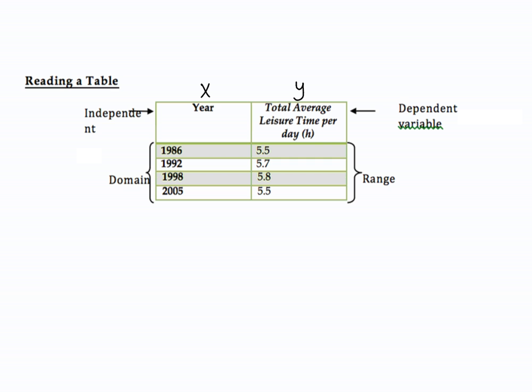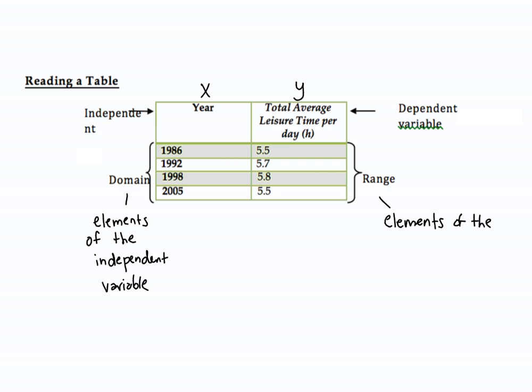So very briefly, domain is the elements of the first set, or of the independent variable, whereas range would be the elements of the dependent.